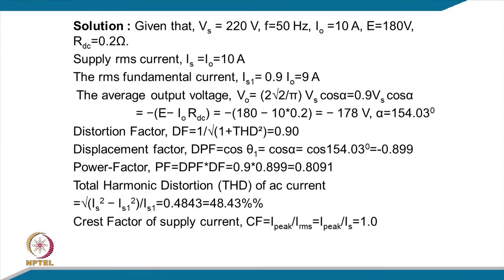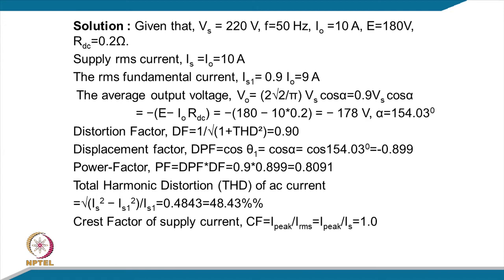Coming to the numerical part, given that Vs equals 230 volt, f equals 50 hertz, I0 equals 10 ampere, and E equals 180 volt with resistance 0.2 ohm. Our supply RMS current will be a square wave, the same as the DC side current, so it comes to about 10 ampere. The RMS fundamental will be 0.9 I0, which is 9 ampere.